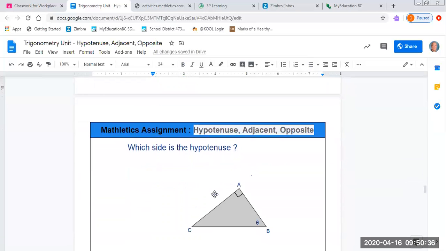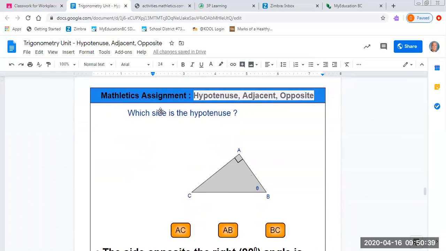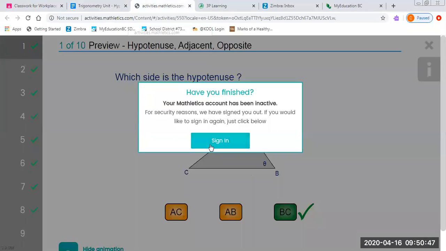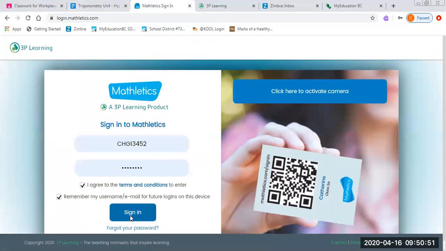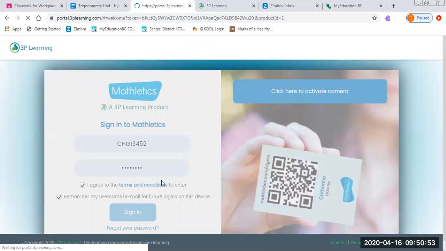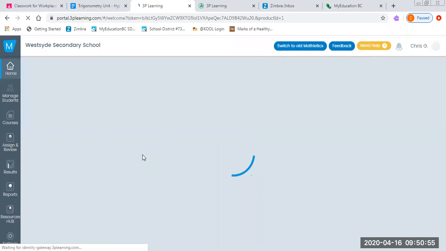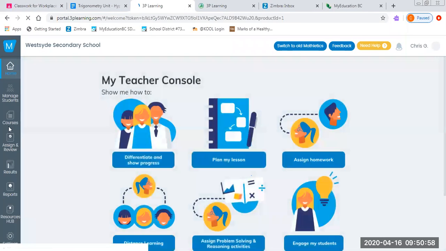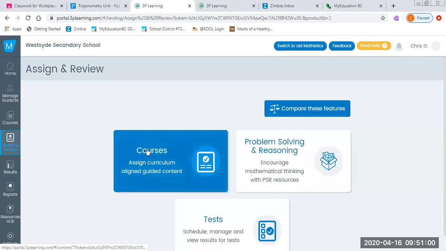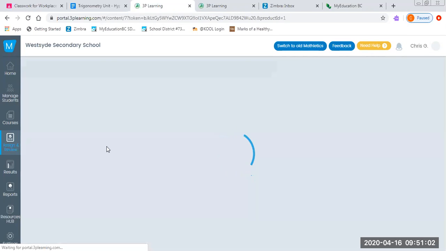Now I have just one assignment for you for this particular part, and that's an assignment in Mathletics called Hypotenuse, Adjacent, and Opposite. Just clicking back over here for a moment, I might have to sign in quickly. What you should see is an assignment that looks something like this.